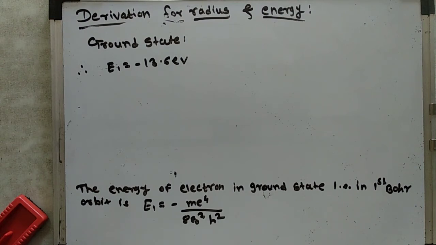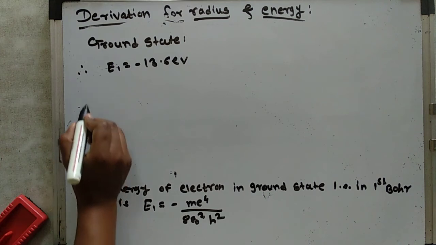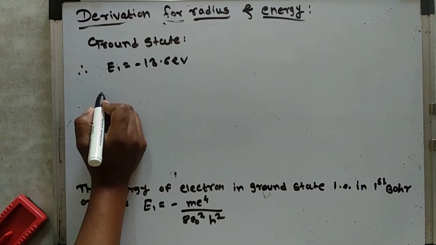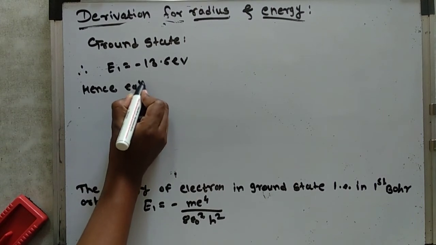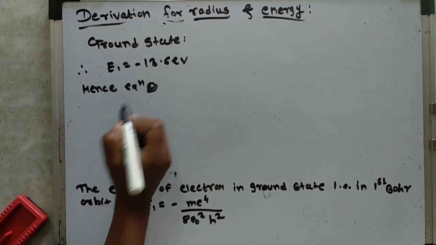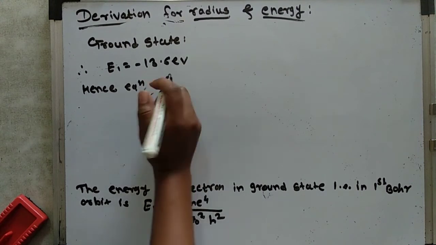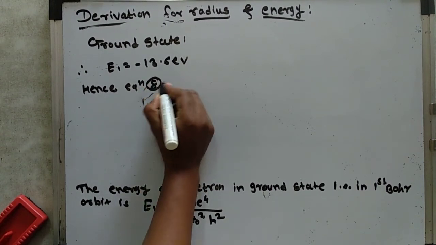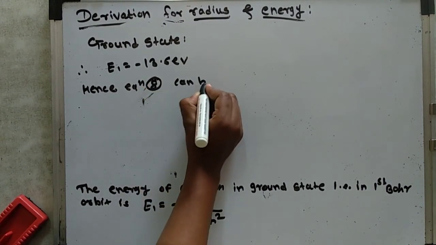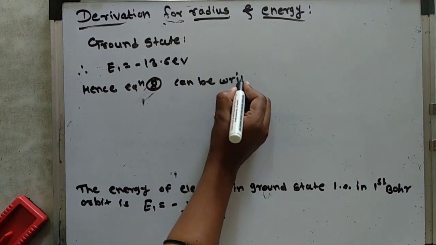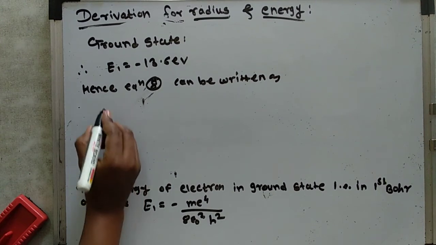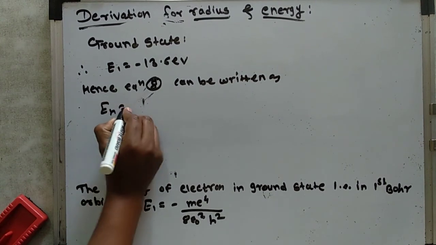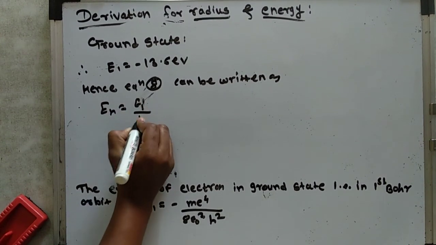Hence, equation number 8 can be written as En is equal to E1 upon n square.